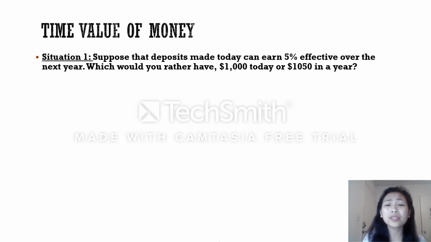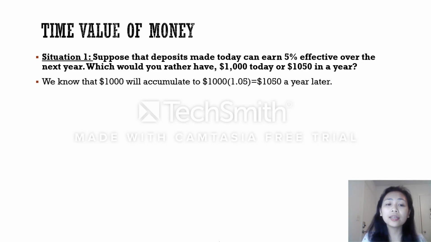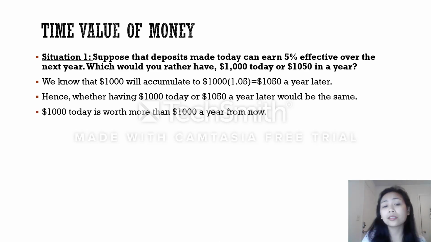Using the 5% effective interest rate, $1,000 today can accumulate to $1,000 times 1.05 in a year. So $1,000 today or $1,050 a year later will be the same. Another way to think about it is that $1,000 today is worth more than $1,000 a year from now.